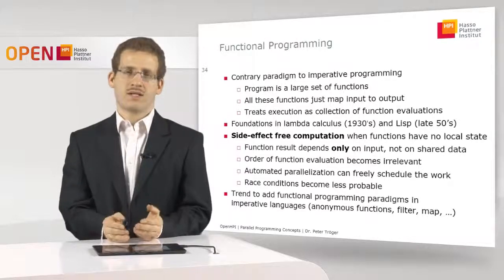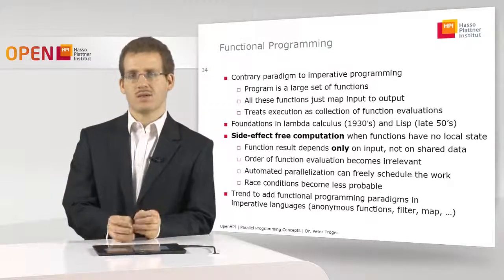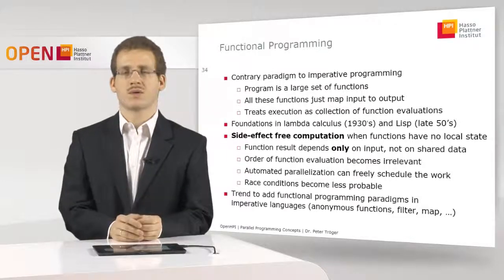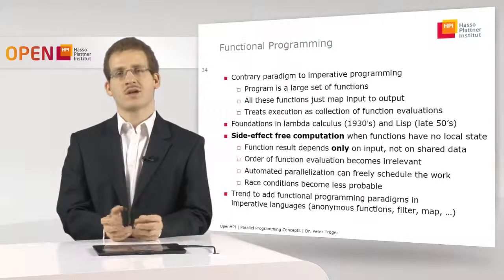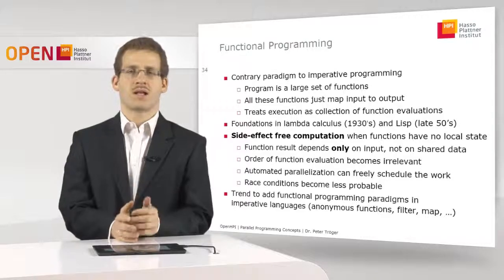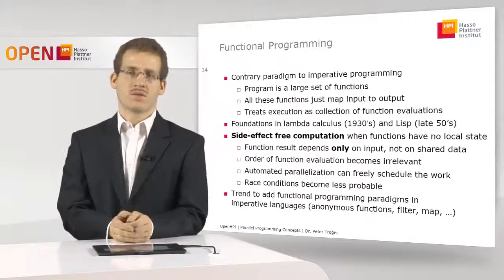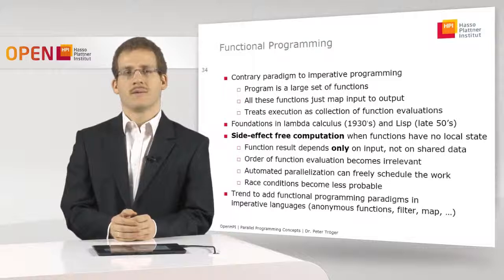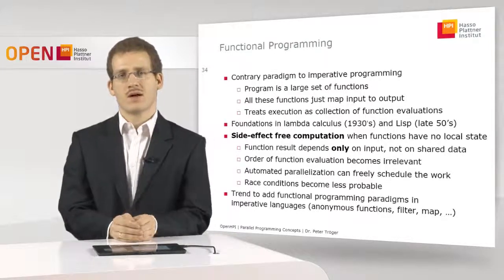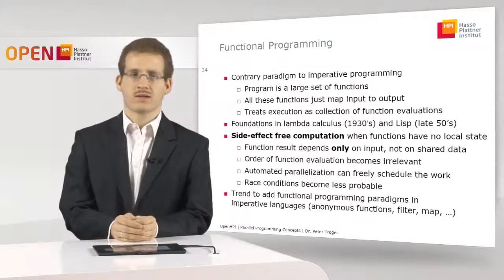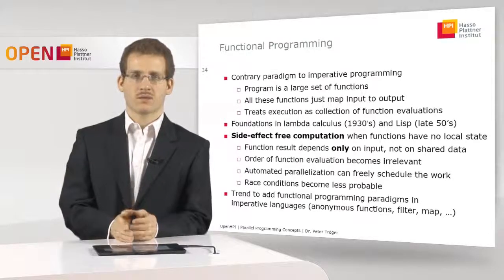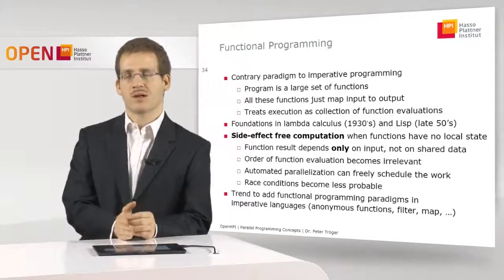This actually means that there is no shared state between these different functions. They all only rely on their input values, and the chaining of these different function calls then at the end leads to the result of the application. The foundations for this idea are surprisingly old, as I said. For example, they lie in the lambda calculus from the 30s and in the Lisp programming language from the late 50s.